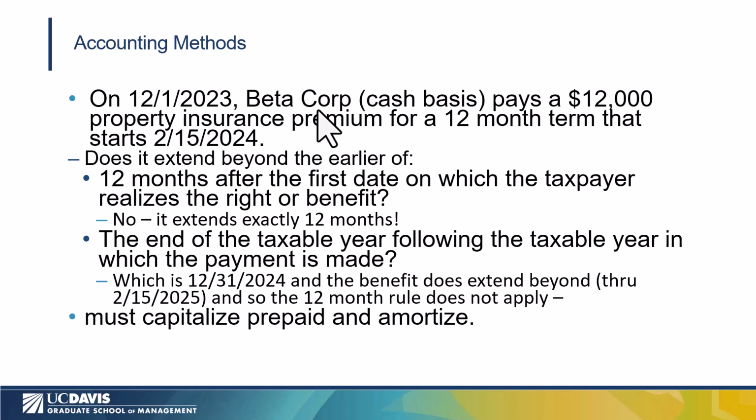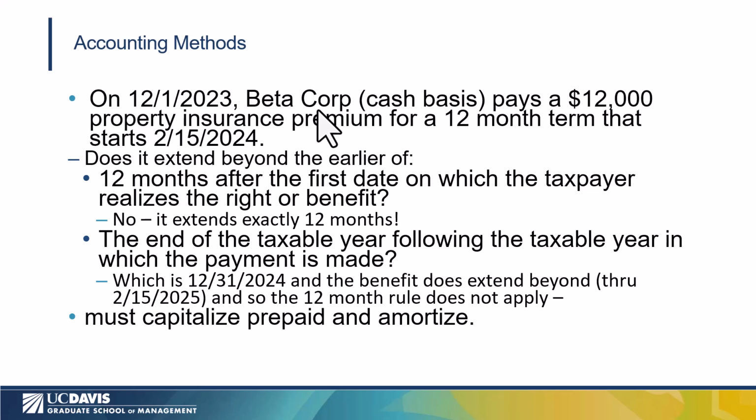But does it end after the taxable year following the taxable year in which the payment is made? Okay, let's make sure we track this carefully. So the payment is made in 2023. The benefit period starts on February 15th of 2024, and since it's 12 months, it goes to February 15th of 2025, which means that it does extend beyond the end of the subsequent tax year.